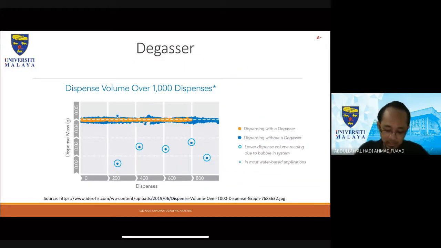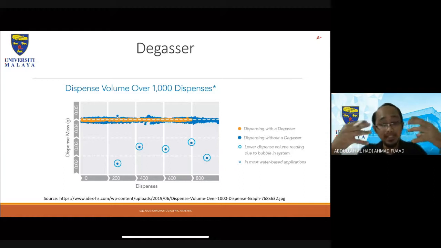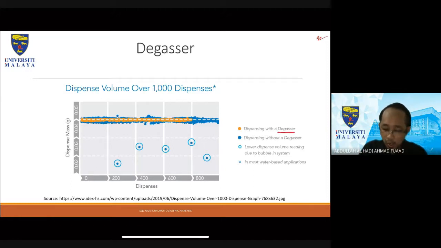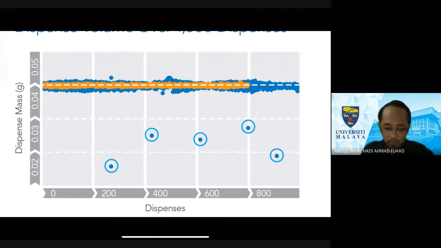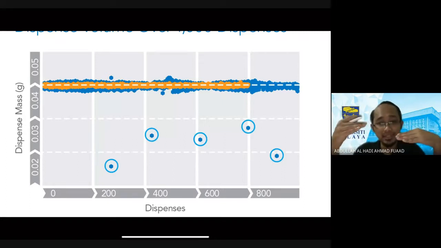Okay, so this is another example from the IDEX website showing you the relationship between a degassing and a non-degassing system. The degassed system is in orange, while without degassing is in blue. If you look at the graph, you can see that if your system is being degassed, you get more normal or more similar results.